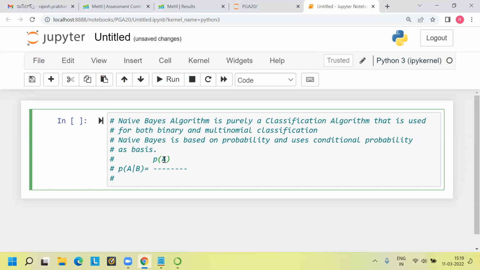intersection. Where is the intersection symbol? How do you get the intersection symbol here? No, right?